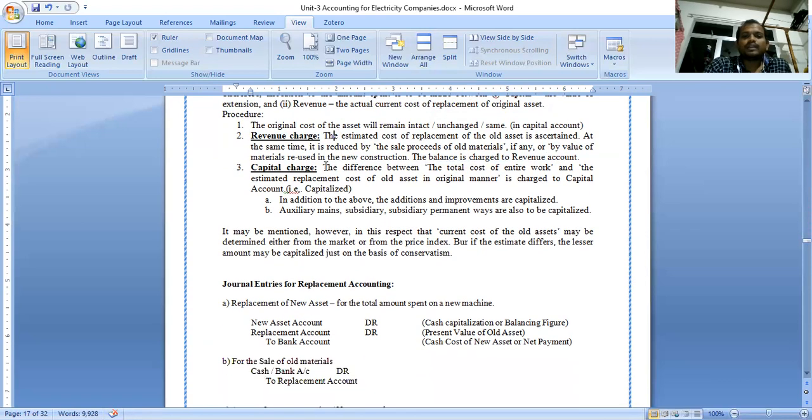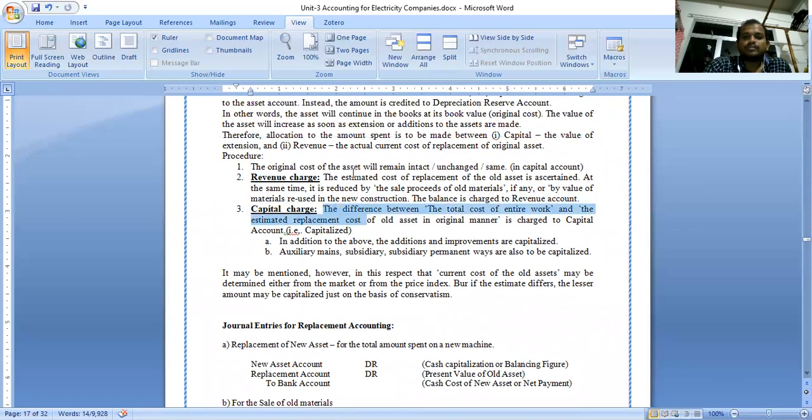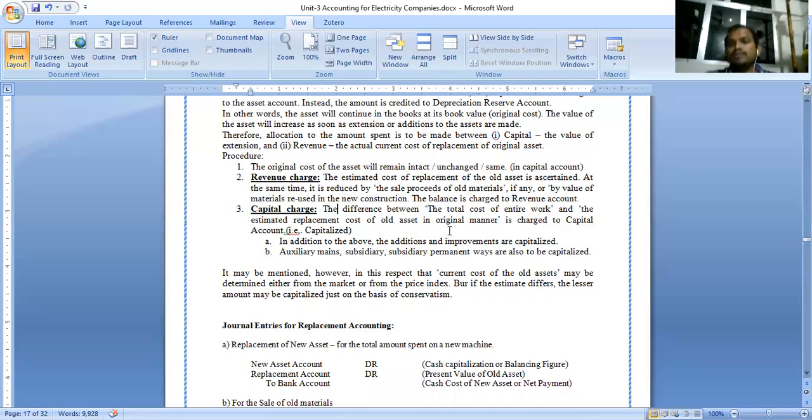So what about the capital charge? The estimated cost of replacement and the new work or new asset cost. So we are replacing it, right? So whatever the new car, it is around 60 lakhs. New model, say for example, 60 lakhs. But you sold that for 2 lakhs. So the remaining 38 lakhs, you are estimating, that is the cost of replacement.